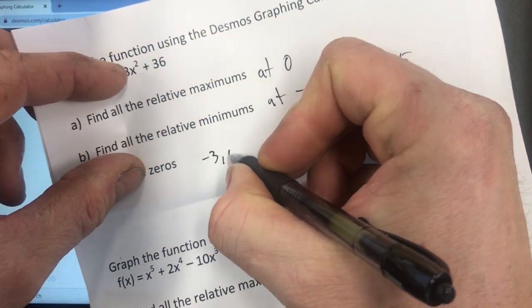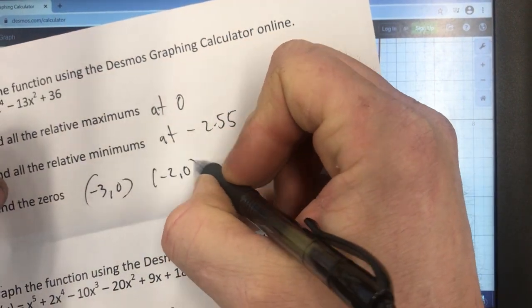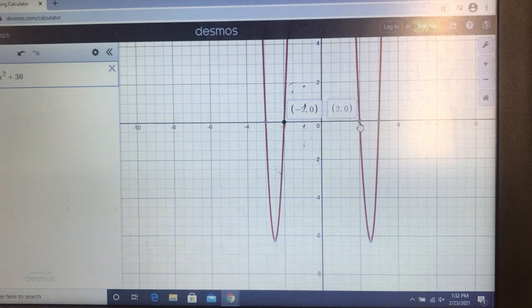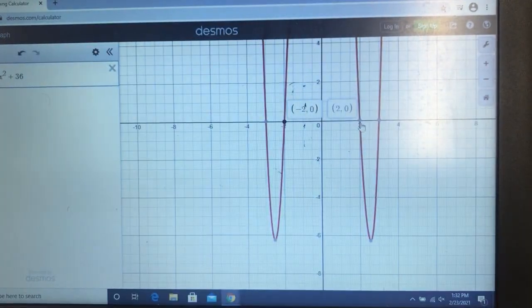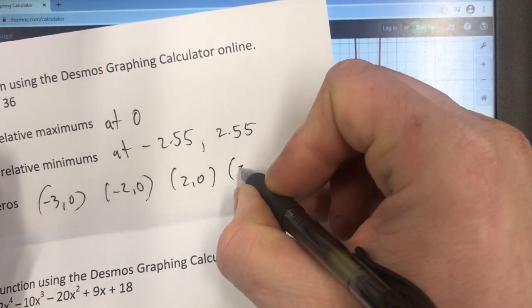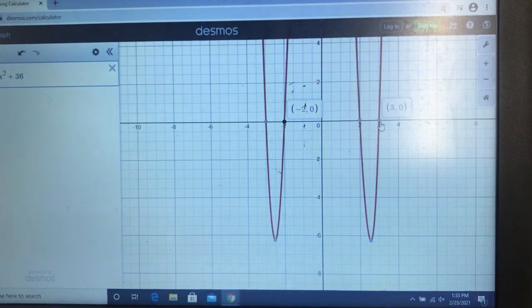So negative 3, 0 is 1. And we got this one, that's negative 2, 0. And then right here, this is positive 2, 0. And I bet that's 3, 0, yep. And there's my 0.